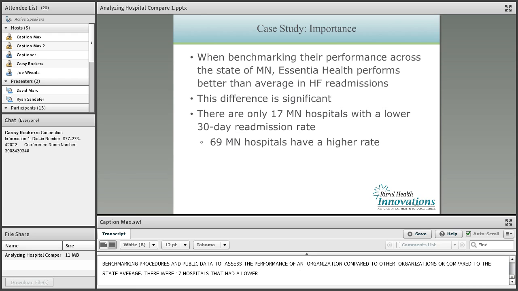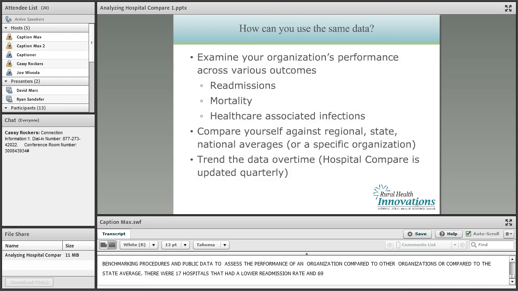So Essentia does have a slightly lower 30-day readmission rate than the Minnesota state average. And you can also compare that to the national average of 22.7. So you could, if you wanted to, compare Essentia Health to the national average.